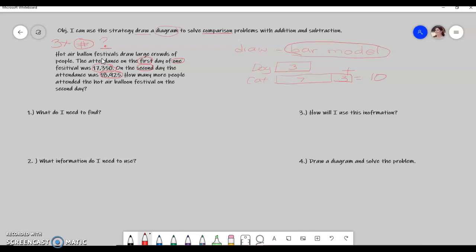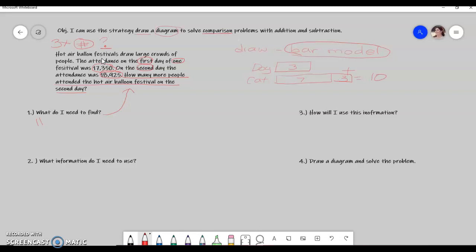Hot air balloon festivals draw large crowds of people. The attendance on the first day of one festival was 17,350. On the second day, the attendance was 18,925. How many more people attended the hot air balloon festival on the second day? Okay, what do I need to find? Well, we just underlined the question right there.